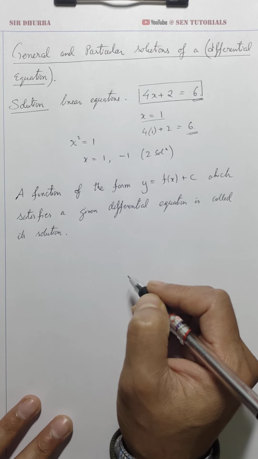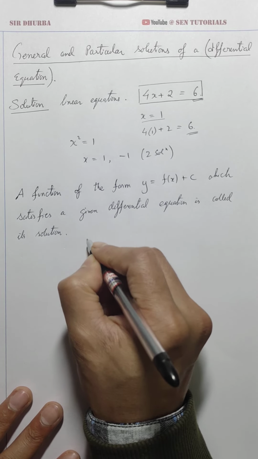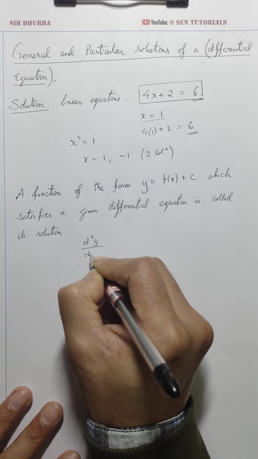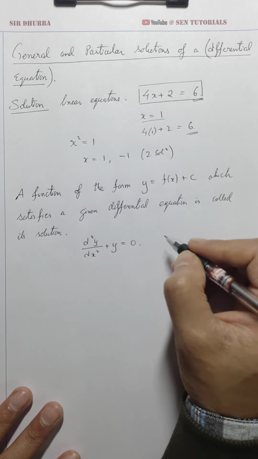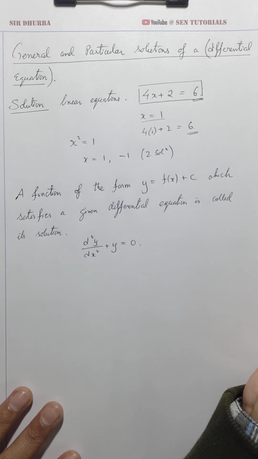Okay, so for example, it can be d square y by dx square plus y is equal to 0. So what we have here is a differential equation.